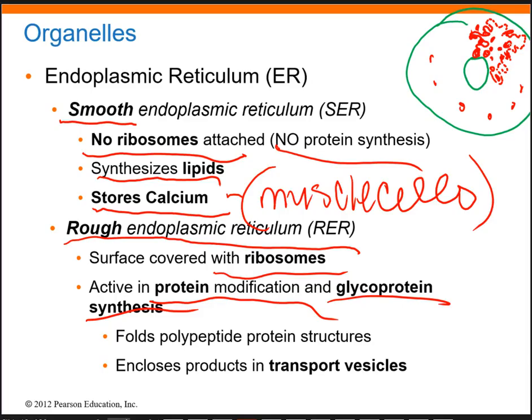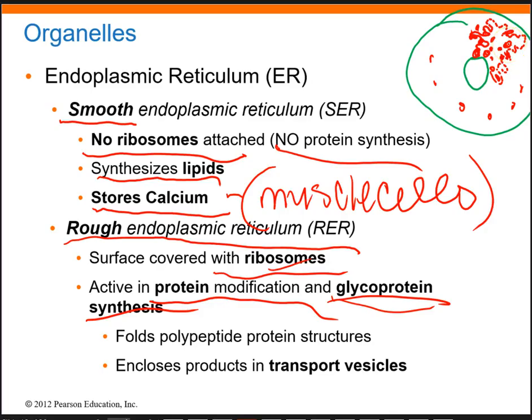It can just make little changes to help the protein get to its final form. A glycoprotein is just when there's a sugar attached to the protein. So it can take a sugar and attach it to the protein. But the point is, because it's covered with ribosomes and the ribosomes push the polypeptide into it, they then modify that polypeptide to help make a protein.